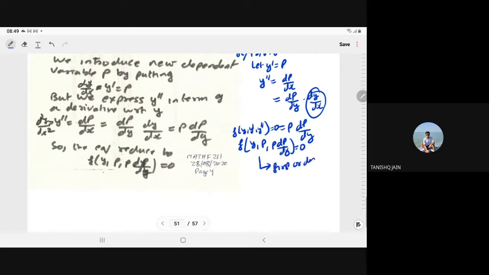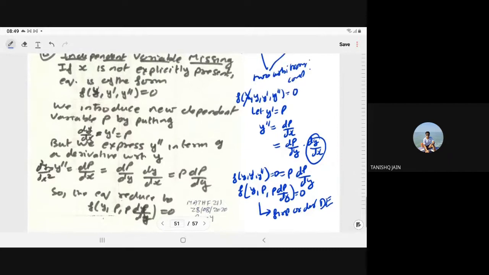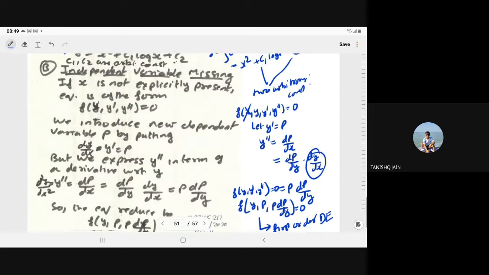It is a first order differential equation, and whatever method you know from the homogeneous equation, the exact equation, or the linear equation, you can apply here. So when the independent variable is missing, if x is not explicitly present in the equation, we have the standard form f of y, y dash, y double dash equal to 0.